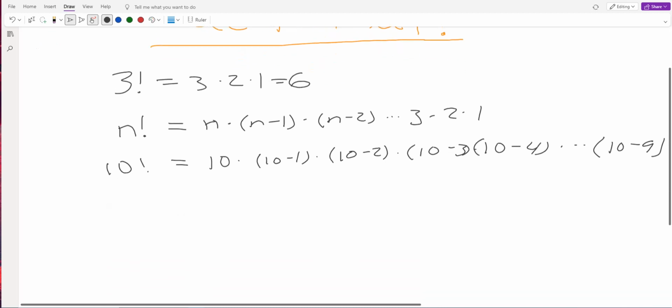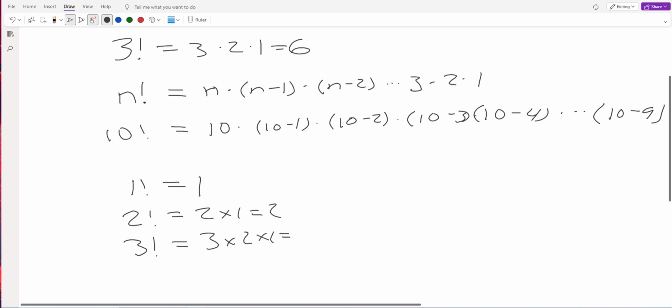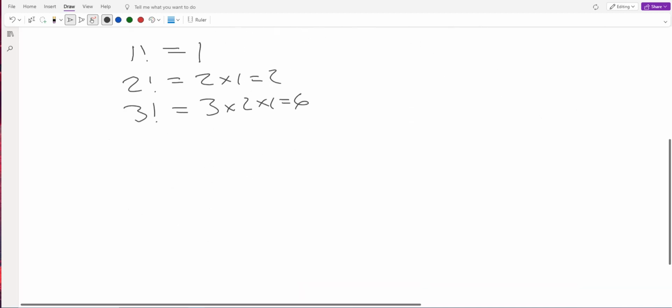And so let me go ahead and show you the first couple of values for the factorial function. Let's start at 1. So 1 factorial is equal to 1. 2 factorial is going to be equal to 2 times 1, which is 2. 3 factorial is going to be equal to 3 times 2 times 1, which is equal to 6. 4 factorial is equal to 4 times 3 times 2 times 1, which is 24.